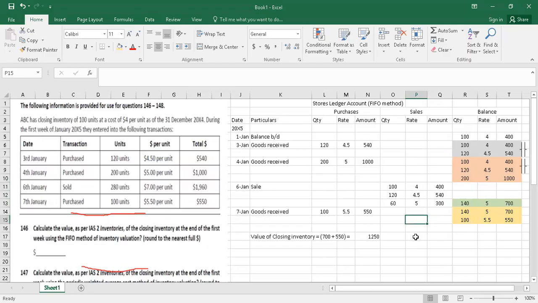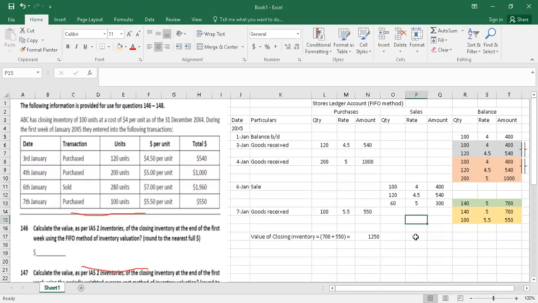Another way is an average price also can be calculated. Average of 4 plus 4.5 plus 5 divided by 3 can be calculated, because technically the units would be the same. There is no difference in the units that are purchased. Whichever one is issued, there would be no differentiation as such. So the whole concept is about what price should be charged.